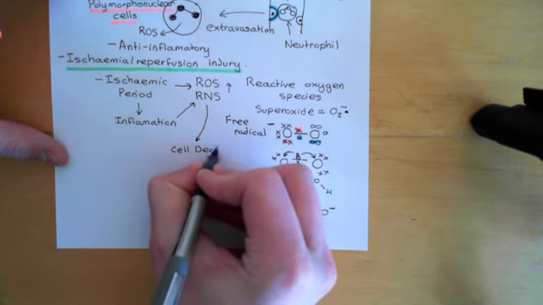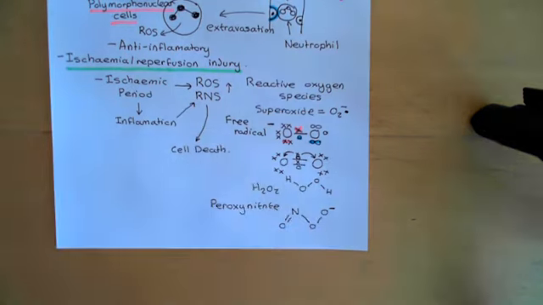Okay, the high levels of reactive oxygen species and reactive nitrogen species, which just basically react with all sorts of molecules, DNA, proteins, lipid molecules, and just basically make the chemical reactions of life not possible anymore. Okay, so this is how cells die following an ischemic period because of ischemia reperfusion injury.